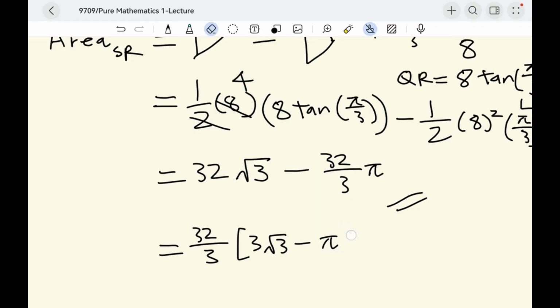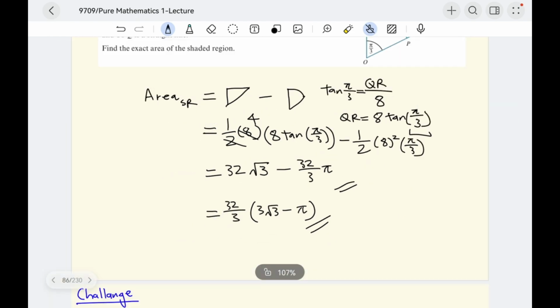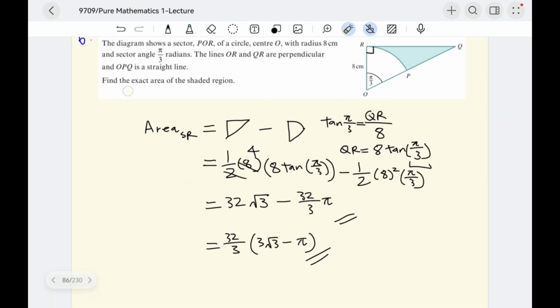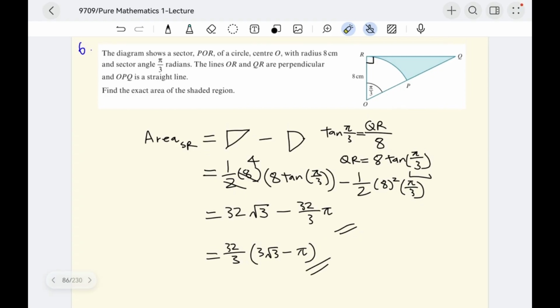You can leave it in the second form. The exact form of the shaded region could not include decimals. Even if you convert this into a decimal, it is not acceptable according to the standard marking scheme. Alright, that's the end of the discussion of this question.